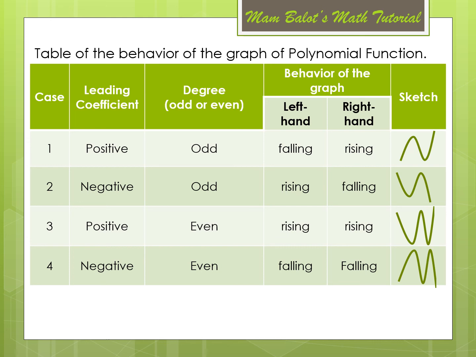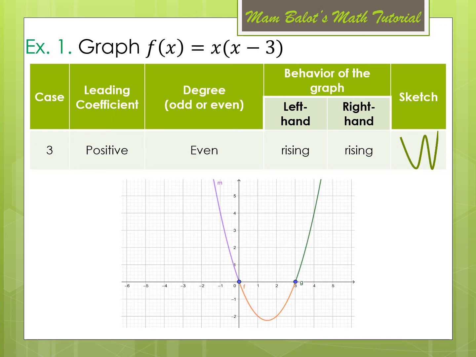Now we can use this table to automatically approximate the graph of our polynomial function without having the table of signs. So let's have an example. Going back to example number 1, observe that the leading coefficient there is positive and the degree is even since we have a degree equal to 2. So that would be case number 3. So the behavior must be rising, rising. If we look at the graph, it is rising on both sides.